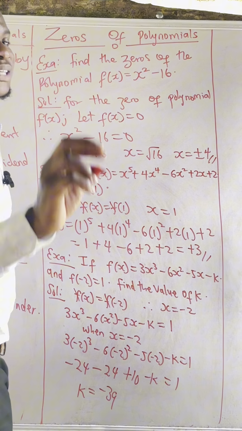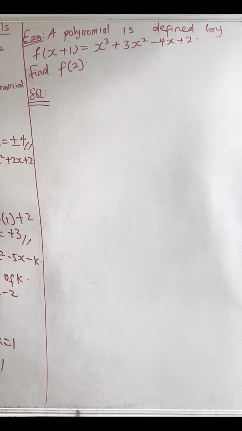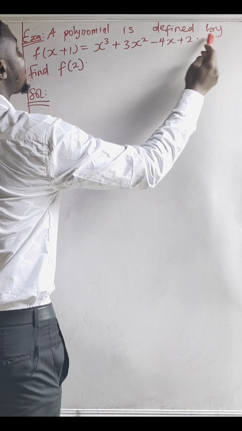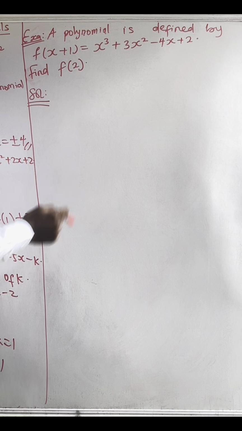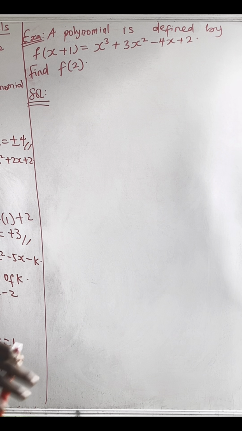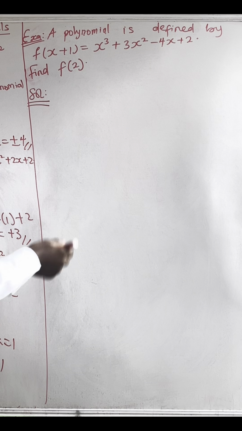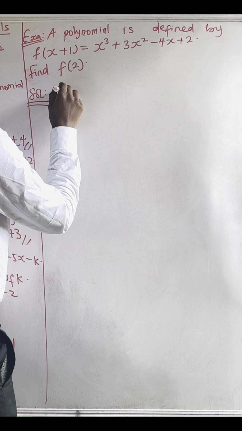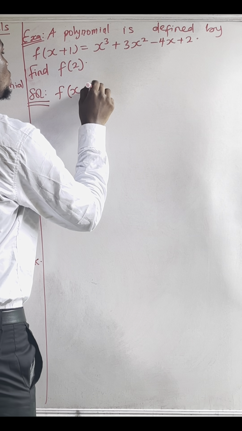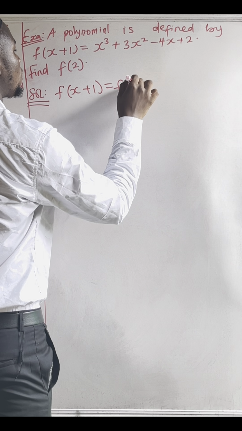So let's look at two more examples, guys. In this example, the question is: a polynomial is defined by this, f of x plus 1 equals this. Find f of 2. So guys, you have to be very careful with this type of question. Once you've written your solution, just say f of x plus 1 equals f of 2.